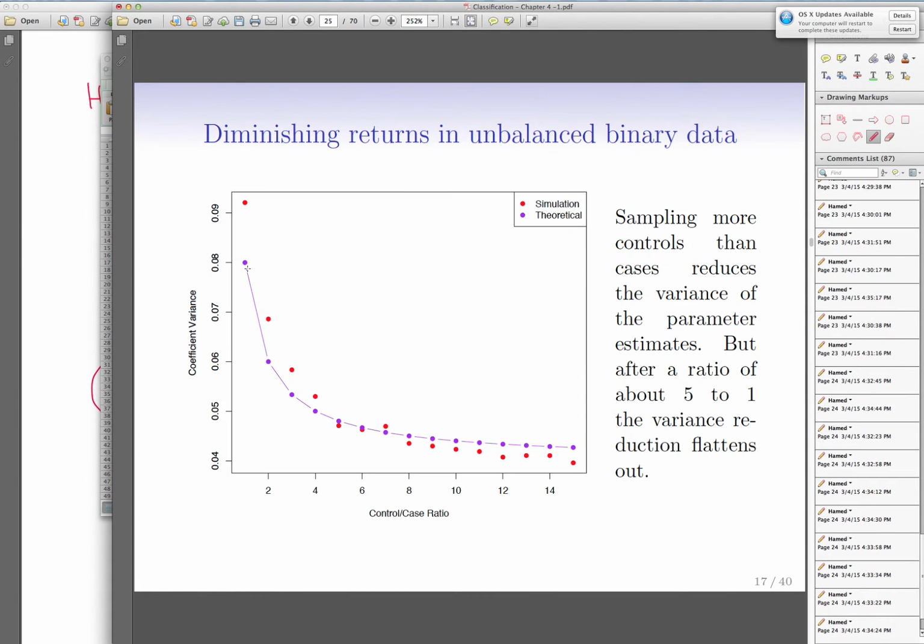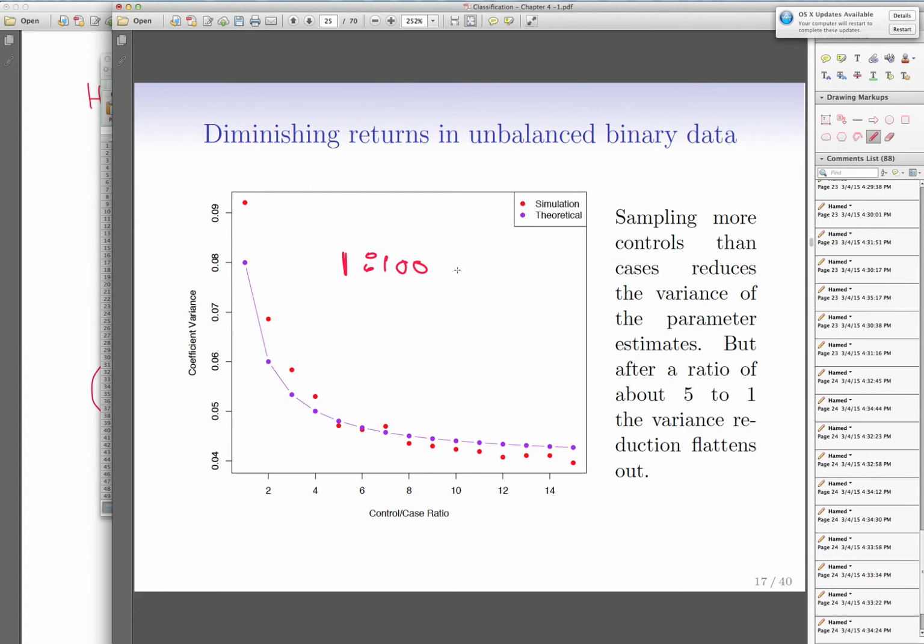And you can show by simulation that no matter how unbalanced your data is, so let's say your control group should be 100 times more than your treatment group. In the previous example it was 5% to 95%, so the ratio was 19 to 1. But let's say it was 100.